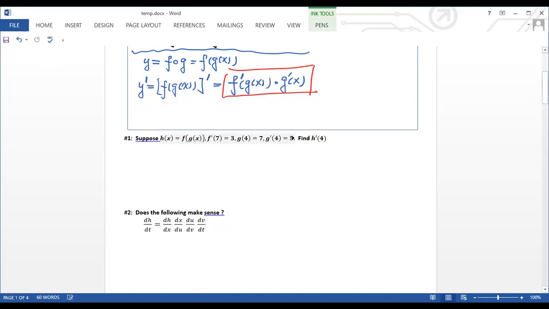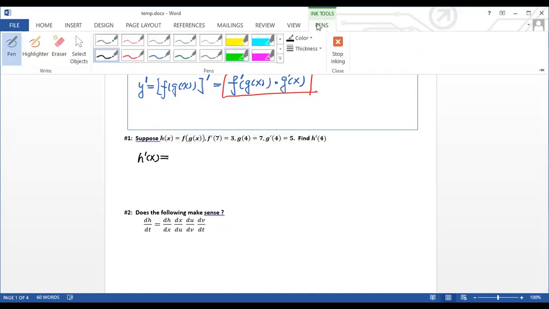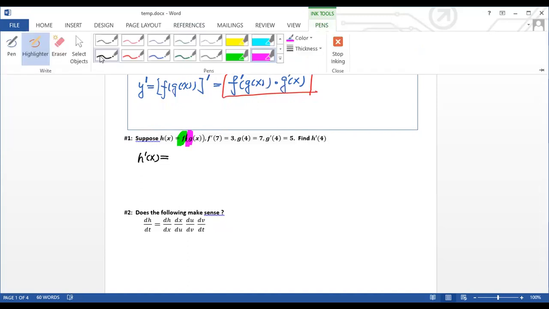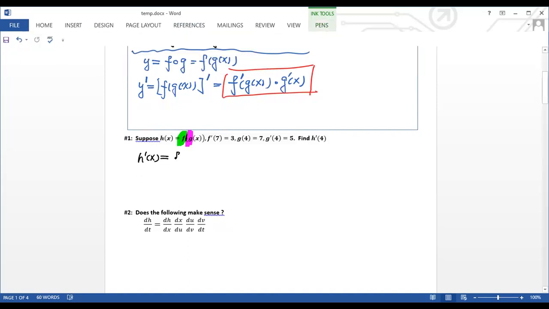They give us those values, and I want to find h prime of 4. First I find h prime of x. Because this is composed of f and then g, I need to take the derivative f prime, then I still have g of x, and then times g prime of x.